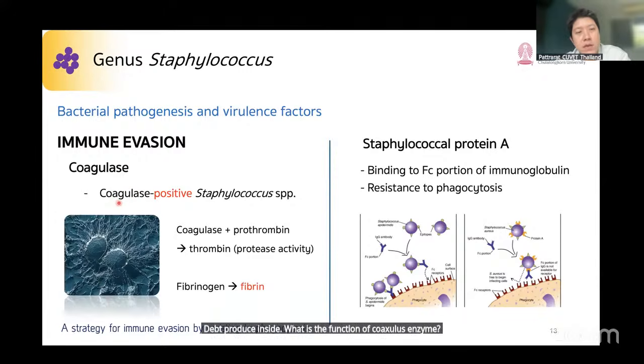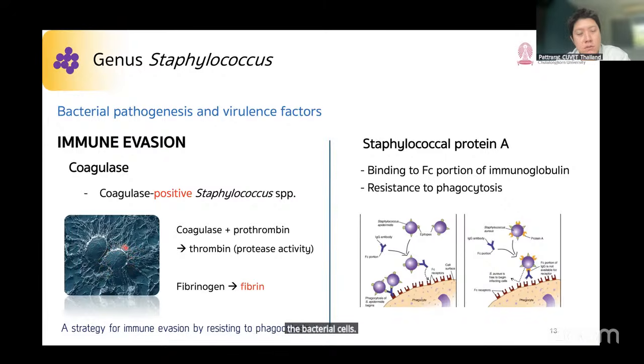The coagulase enzyme can induce the coagulation cascade in the host. For the coagulation, the product is fibrin, right? And the fibrin will cover the bacterial cells.